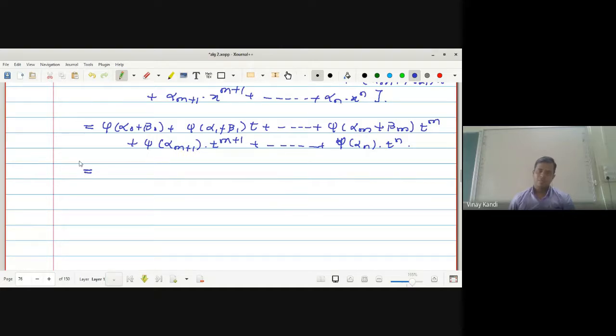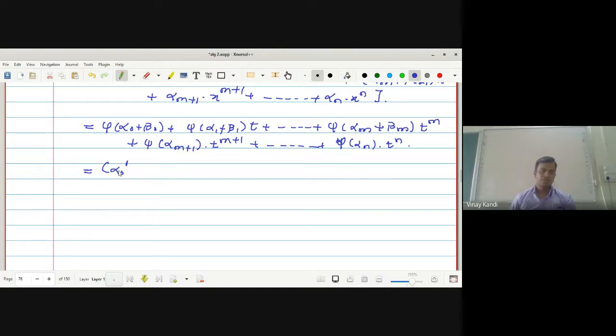Yes, sir. What is the definition of psi? By the mapping, psi is an isomorphism. That means psi is a homomorphism, that is, psi preserves the addition.